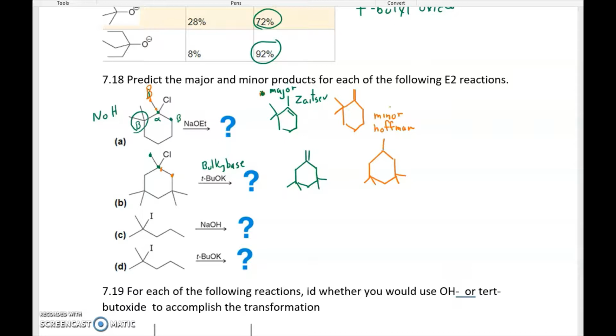It'll have to stick up there, and it'll have a double bond there. Now we need to look to see which one of these will be the major and which one will be the minor. This one is the less substituted Hofmann. Oh, let me go to green.